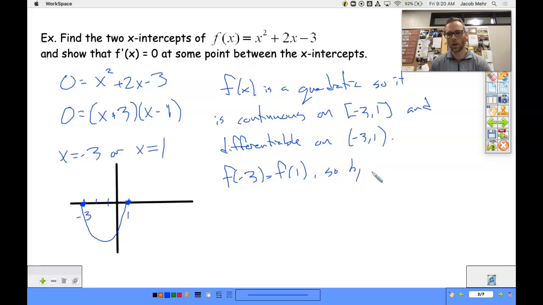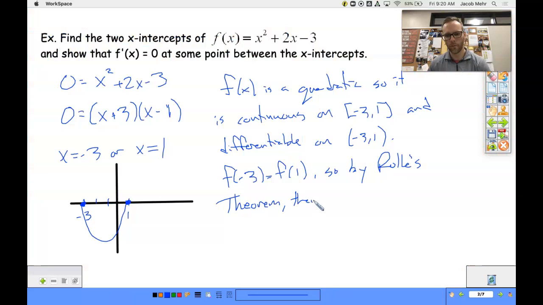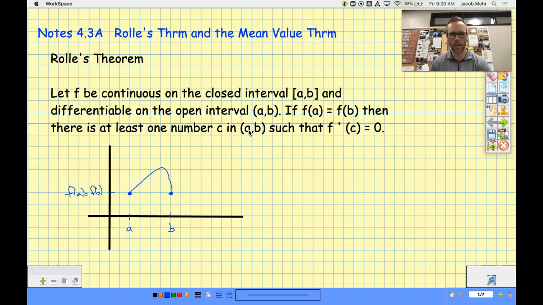So, by Rolle's theorem, okay, so I'm following the line now here, then there is at least one c in the open interval, right?